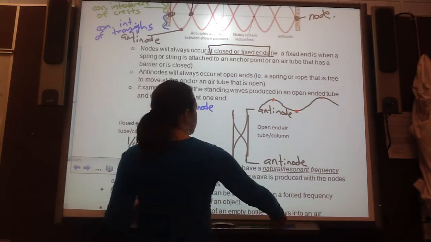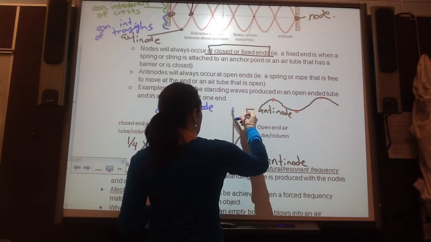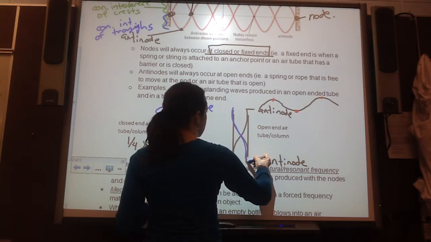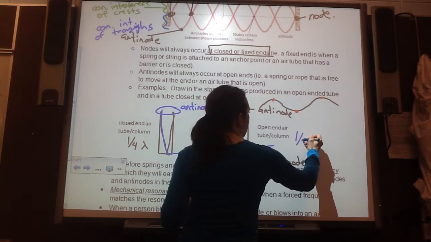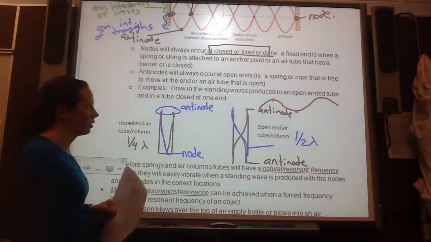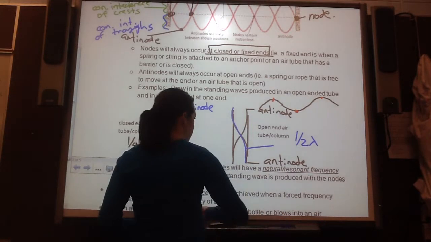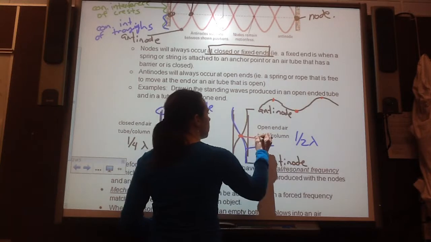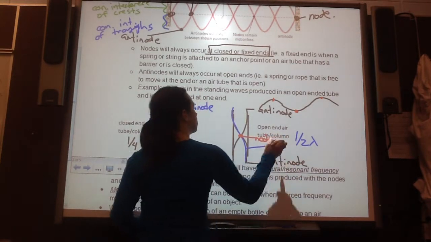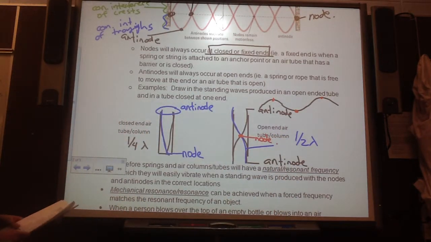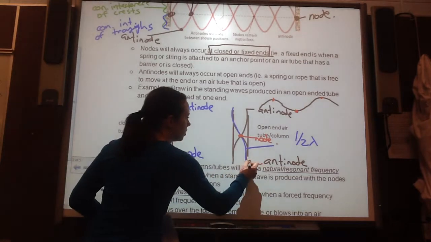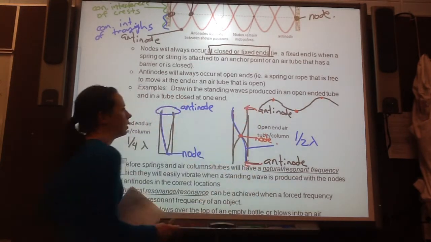If we looked at just the length of one wave coming in, that is half of a lambda. Just one wave coming in, not the reflection. And then here also we can identify this as the node. Here's the antinode. Here's the antinode.